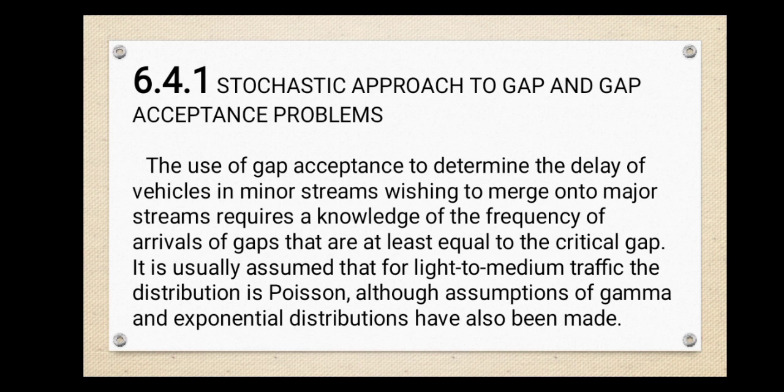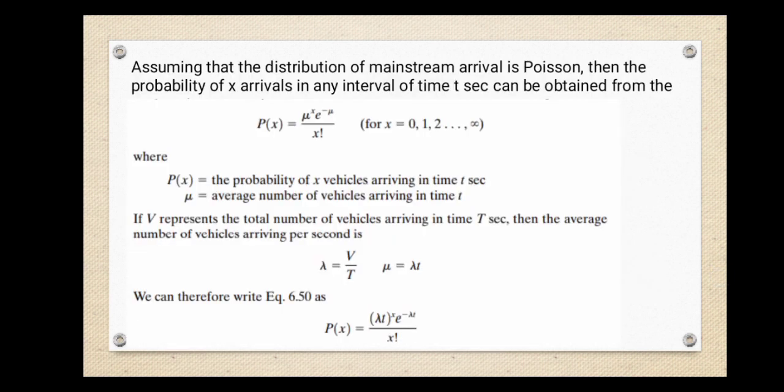It is usually assumed that for light to medium traffic, the distribution is Poisson, although assumptions of gamma and exponential distributions have also been made.